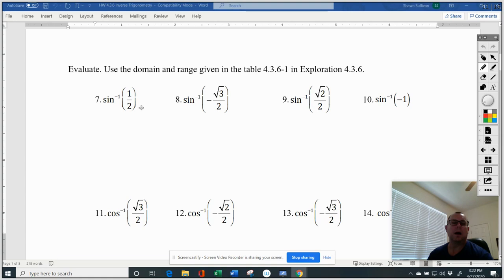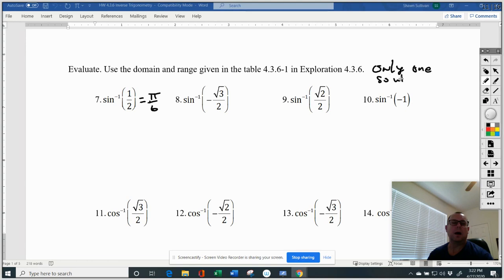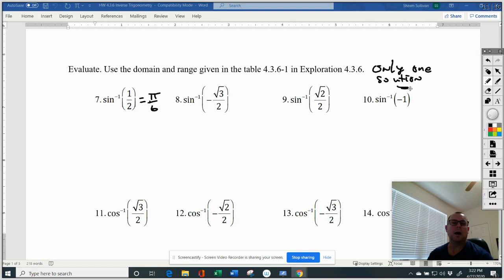And so what we end up with is sine inverse of 1/2 is pi over 6. We should only have one solution for most of these, or for all of these to start with.